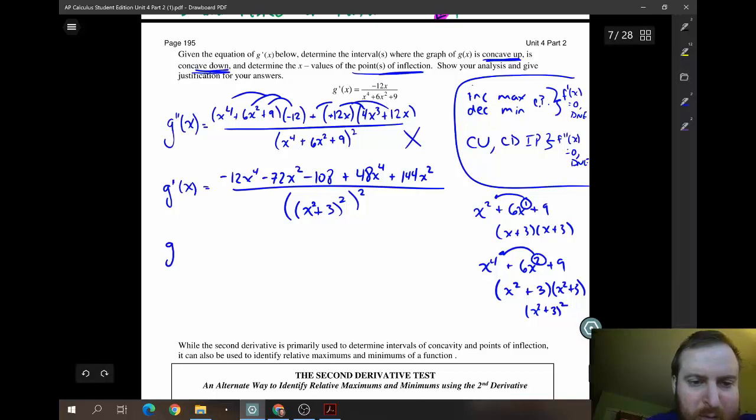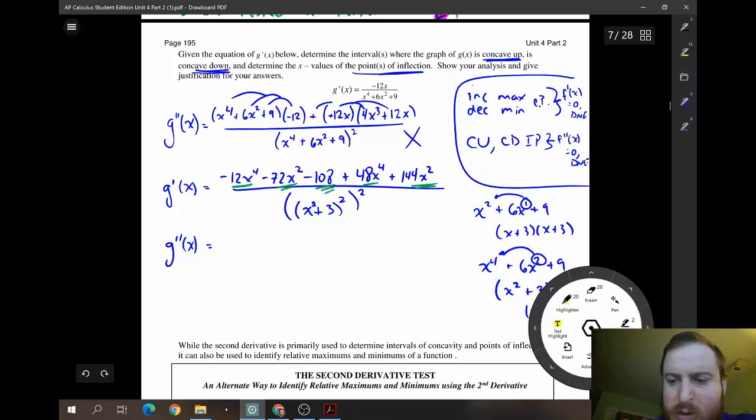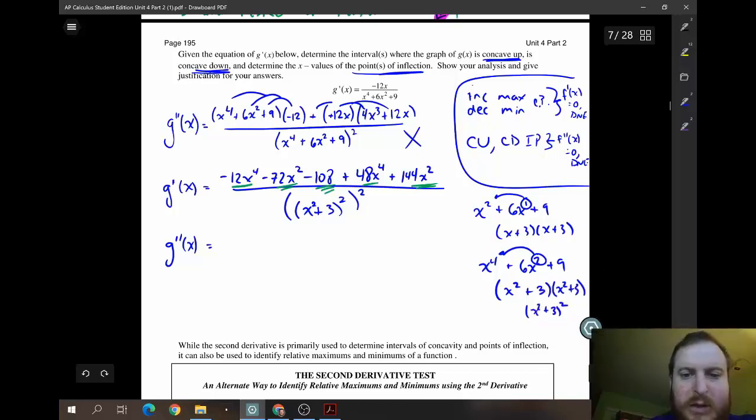Next, in the numerator, we're going to combine like terms. Anything that has an x to the fourth term, I'm going to underline once. The x squared term gets 2 underlines, and the number will get 3 underlines. This gives us 36x to the fourth, then 144 minus 72 is plus 72x squared, and then minus 108, all divided by x squared plus 3, and when we square it, it becomes to the fourth power.